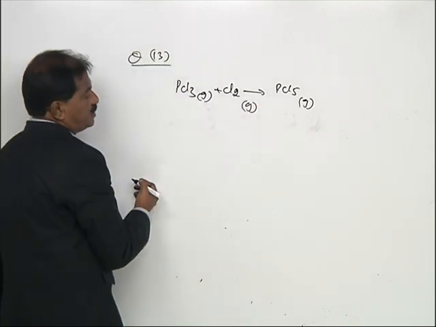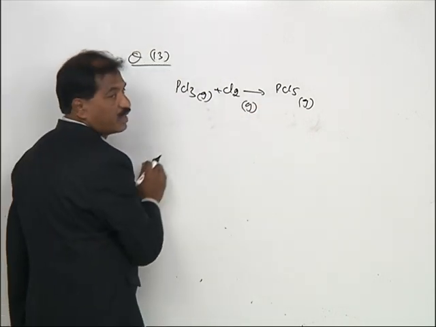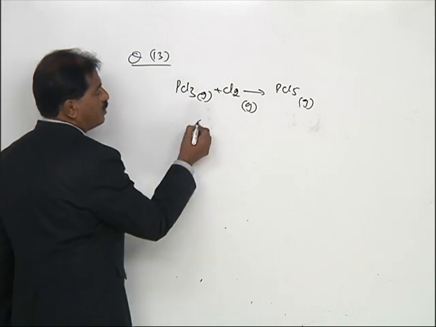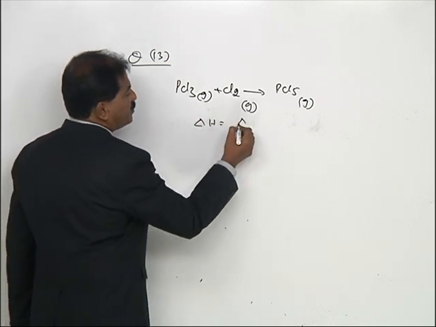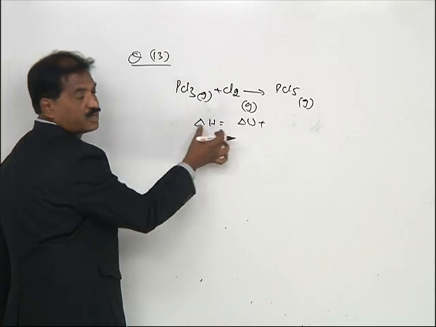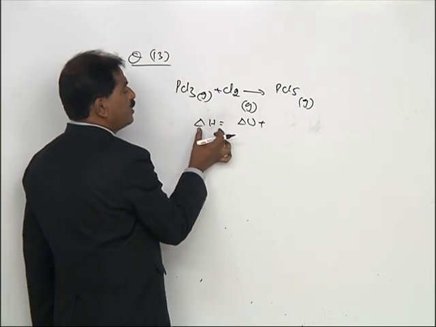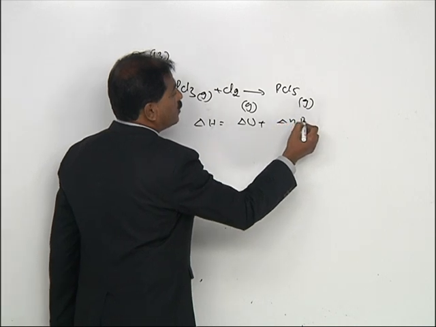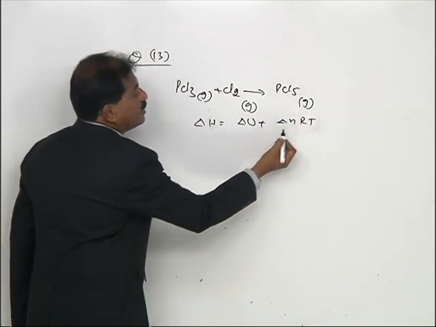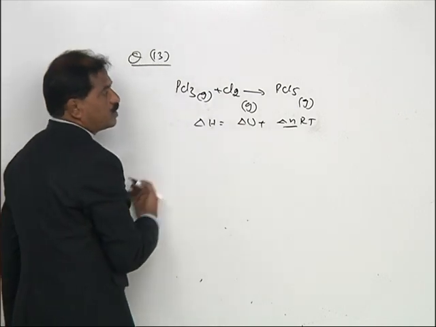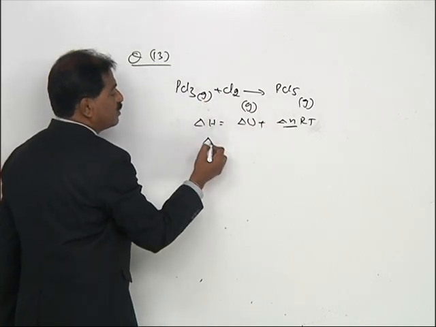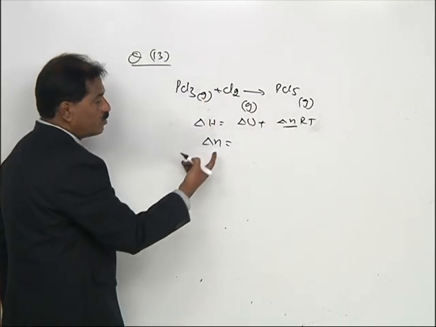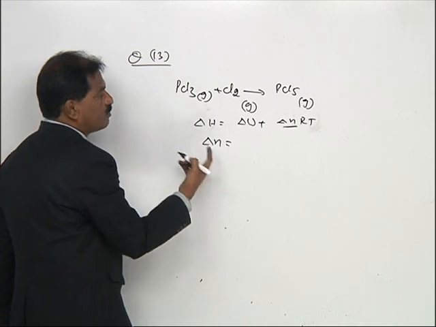Here for this reaction we want the relation between enthalpy change and internal energy change. So the expression which shows the relation between enthalpy change and internal energy change is del H is equal to del U plus del n RT, where del n is the number of moles of the gaseous state products and reactants. Therefore, first calculate the change in the total number of moles.